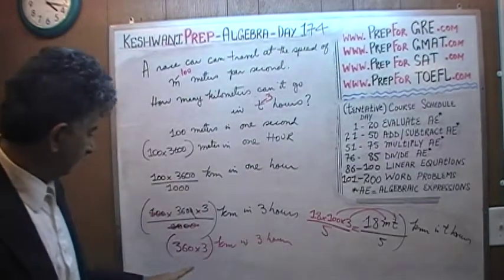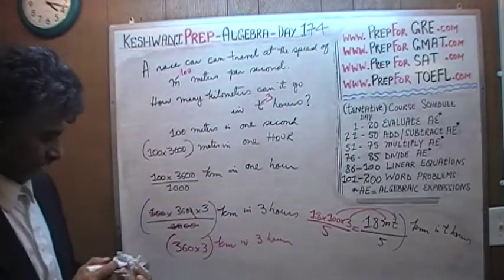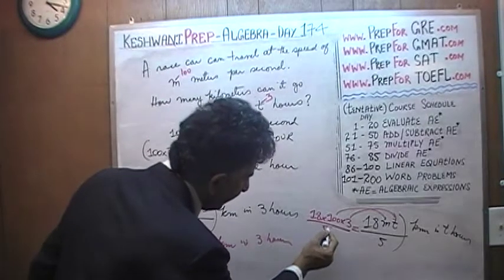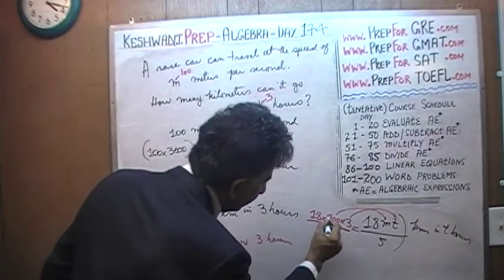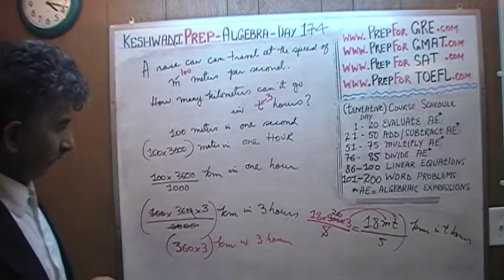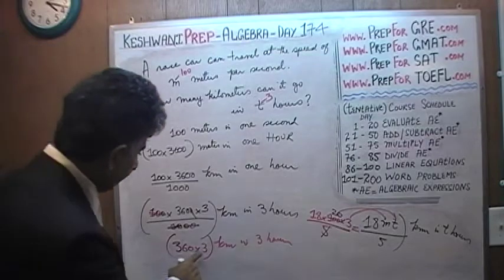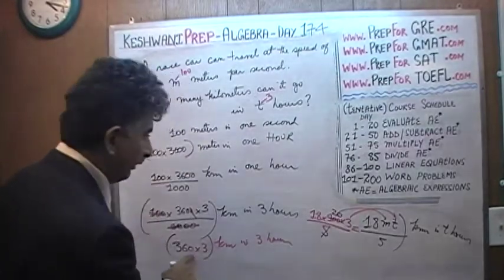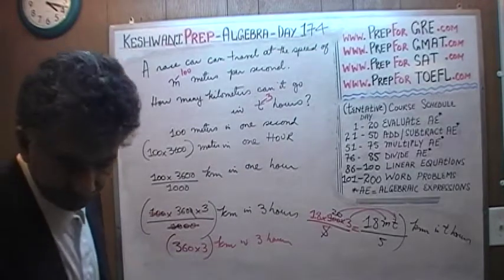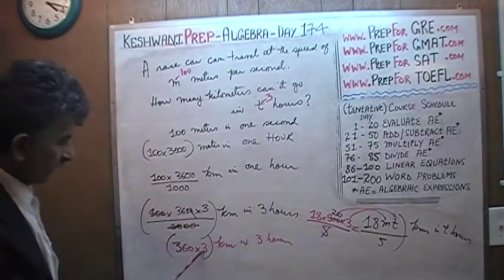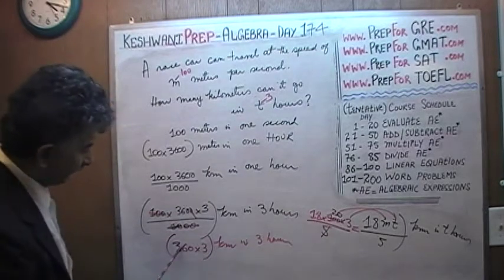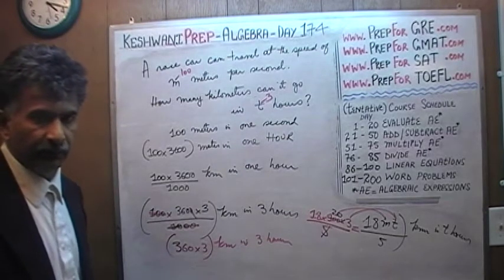Does that thing give us 360 times 3? Well, let's find out. Divide top and bottom by 5, so this 5 goes out and this 100 becomes 20. The 3 is already there. So we have to somehow make sure that 18 times 20 is 360. Does 20 times 18 equal 360?